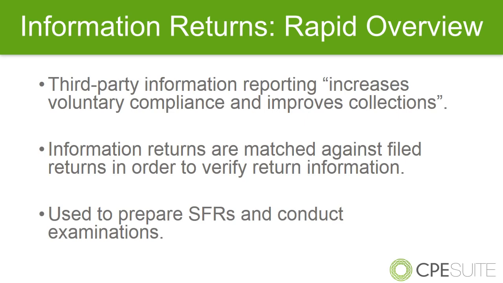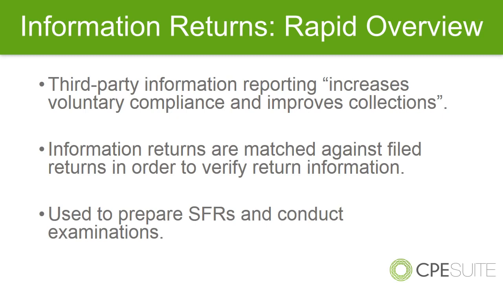Now, if a taxpayer fails to file a return, the IRS will use that information in order to prepare returns on behalf of the taxpayer. The substitute for returns are one of the things that we often have to look for when we are representing a taxpayer.